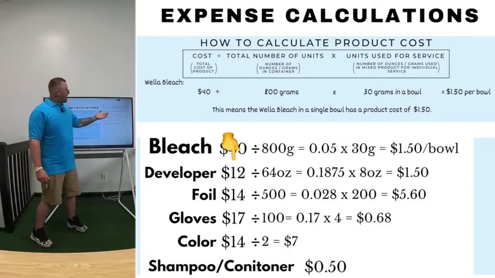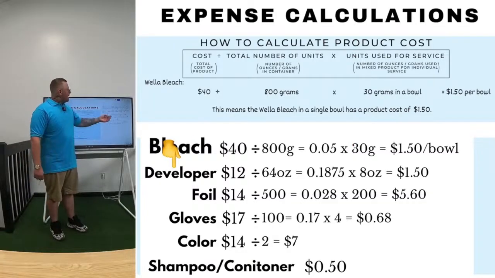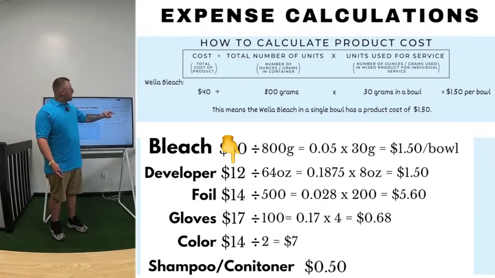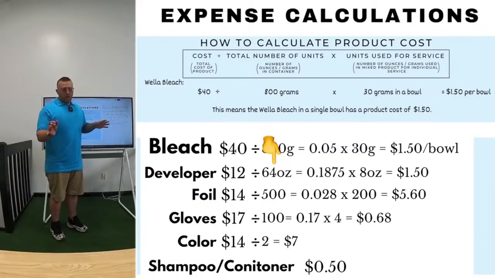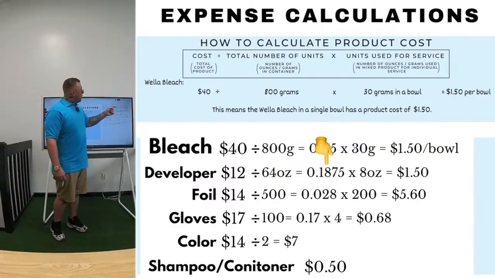So next one, developer. Developer, if I'm purchasing at $12 for 64 ounces, you do $12 divided by the 64 ounces, which equals, follow along, it's a long number, 0.1875 for 1 ounce.